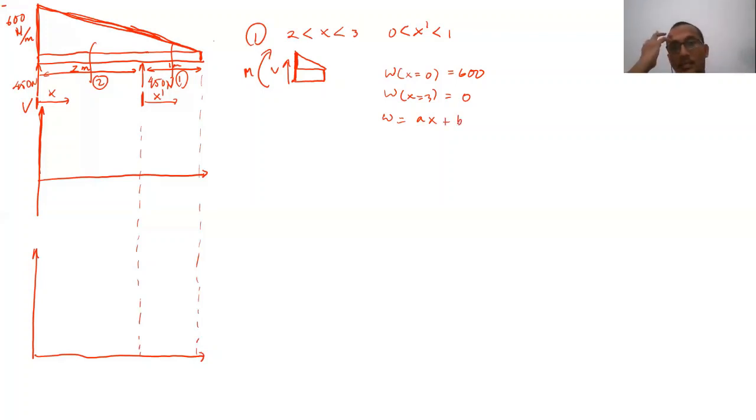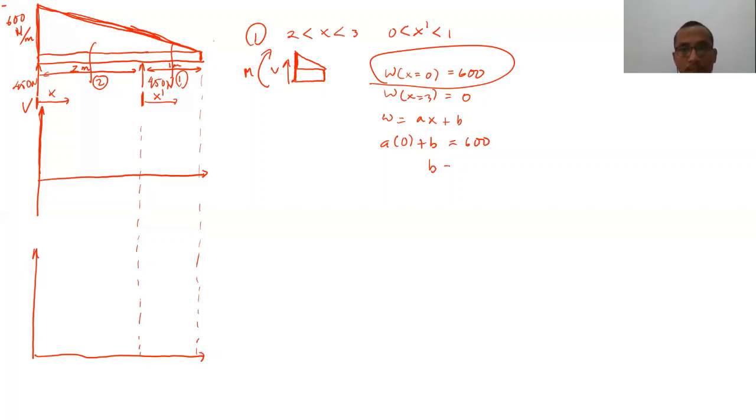Okay, and using the first value that we got, at x equal to 0, W is equal to 600. So A multiplied by 0 is 0, plus B is equal to 600. So in this case, B will be equal to 600.